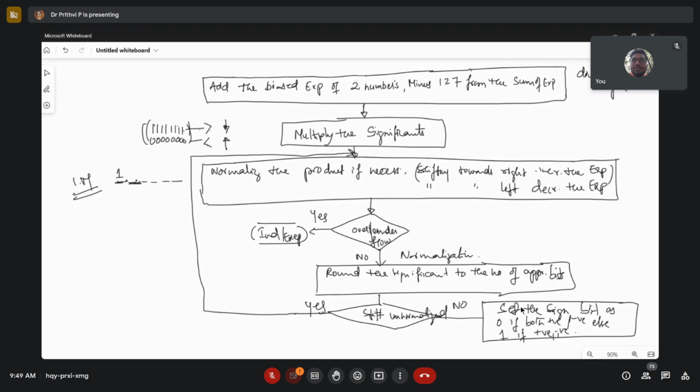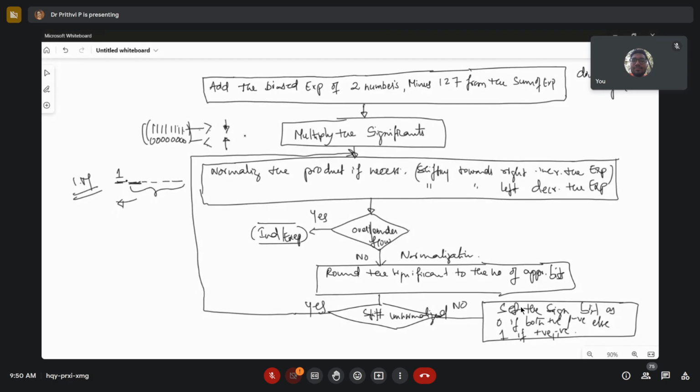To decrement the exponent, which side should I move this, left side or right side? I want to decrease, so towards the left you can decrease the exponent, yes or no?